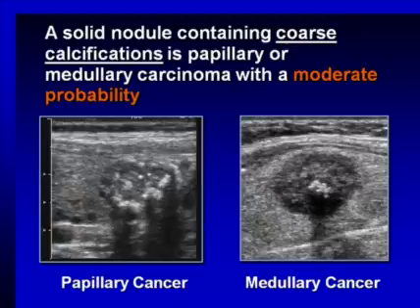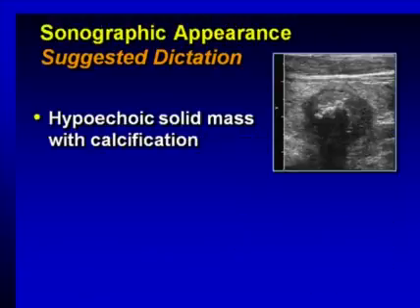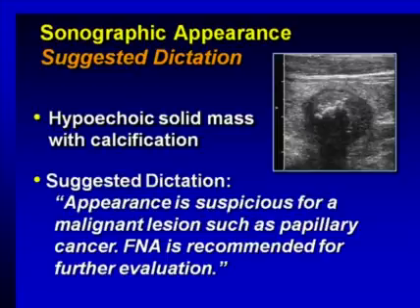And that appearance indicates malignancy with a moderate probability. Our suggested dictation then, when we encounter a mass such as this, hypoechoic solid mass with either coarse or microcalcifications, we say that that appearance is suspicious for a malignant lesion such as papillary cancer, and FNA is recommended for further evaluation.